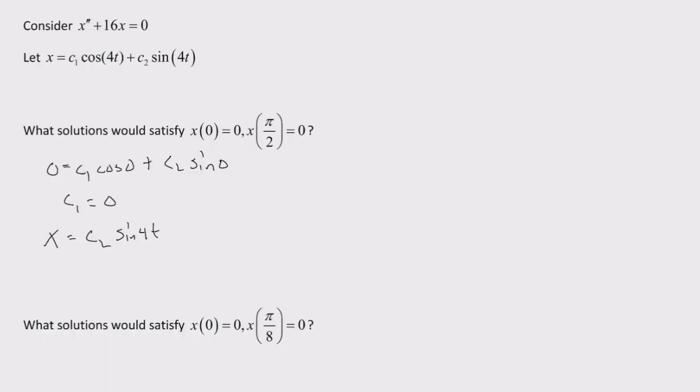So let's look at the second boundary point. When I evaluate that, I get 0 equals c2 sine of 4 times pi halves.